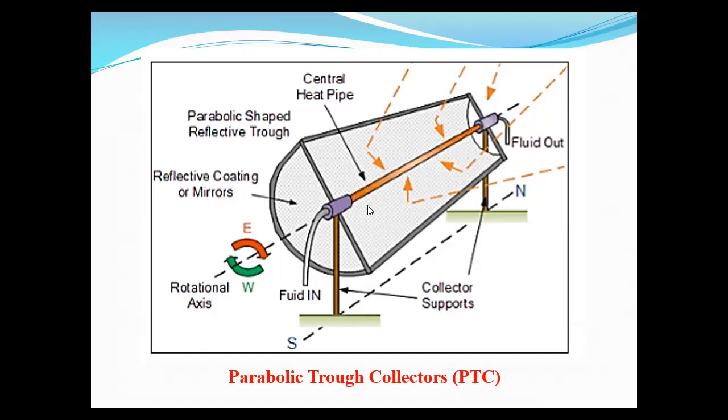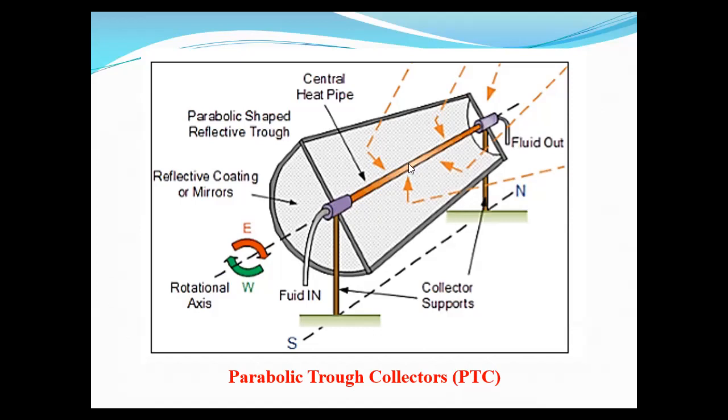So all radiation reflected onto the receiver is absorbed by the working fluid flowing through this pipe. If water is flowing, water absorbs that heat. If oil is there, oil absorbs the heat. So here is fluid in, and at the other end we have fluid out.